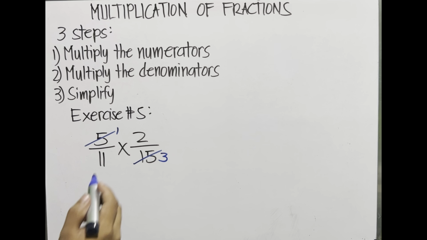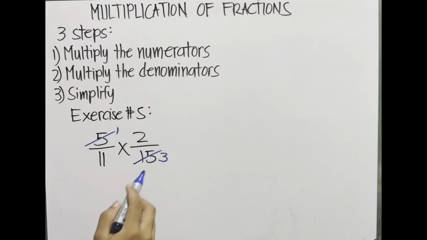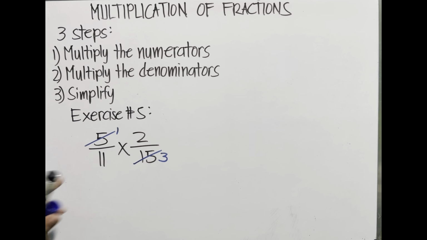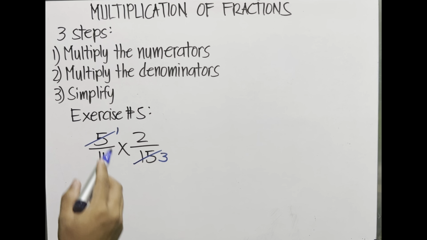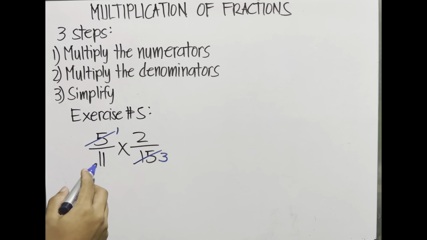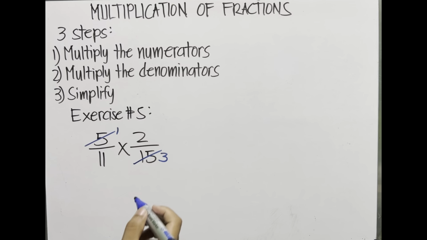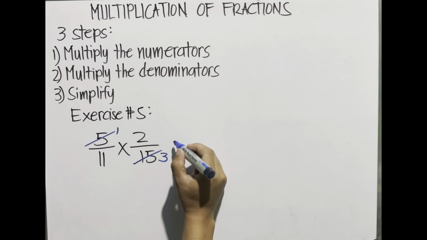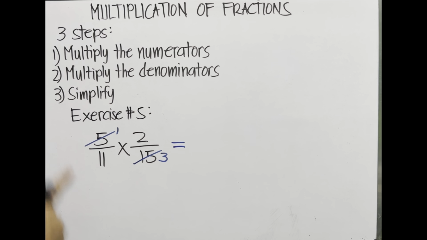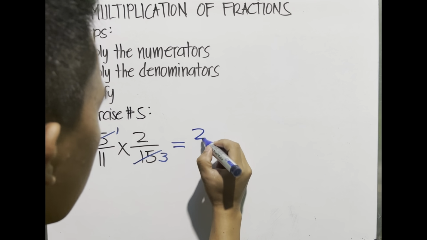Ayan. Meron pa ba tayong i-reduce? Yung 2 tsaka 11, hindi na pwede. 1 tsaka 3, hindi na pwede. So yan na yan. So lumiit yung numbers natin. 1, 2, 11, tsaka 3 na lang. So bumaba yung number, hindi tayo mahirapan mag-multiply. Ayan. Step number 1. 1 times 2, that is 2.